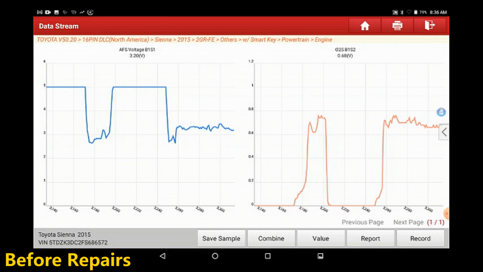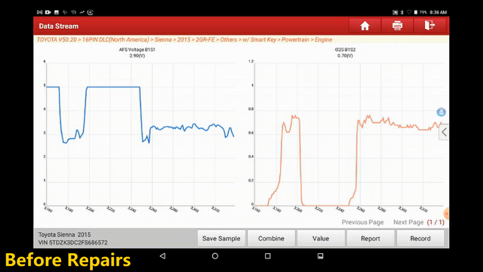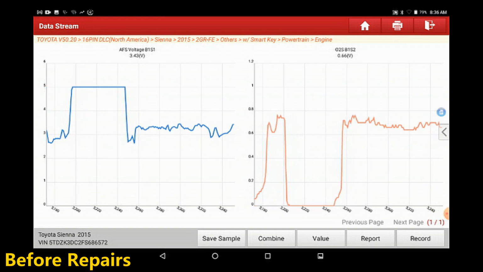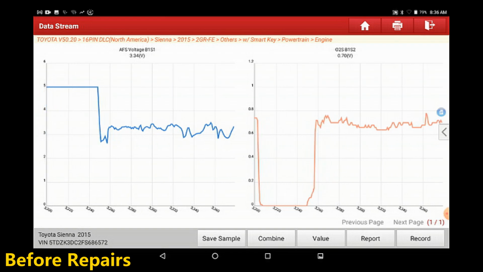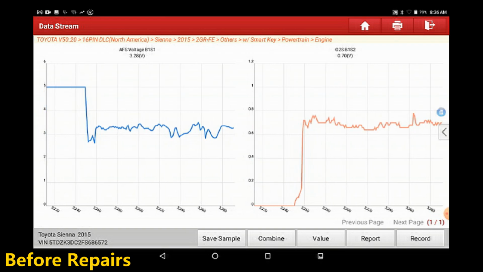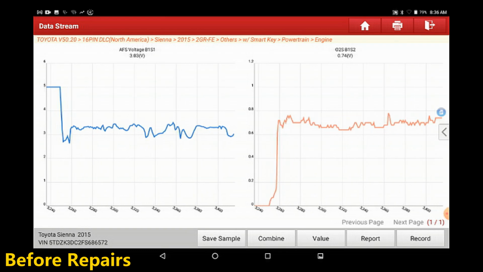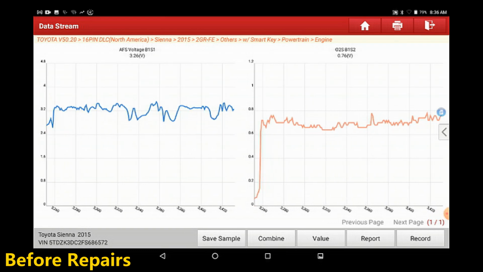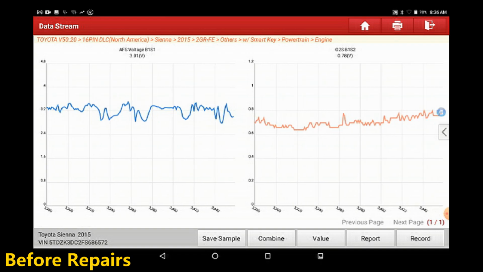At this time, the check engine light was not on. It did have the P0420 trouble code stored, but the check engine light would come on and go off depending on driving conditions, because this is an intermittent issue that's been happening over time. So the check engine light would come on and it would go off some days.